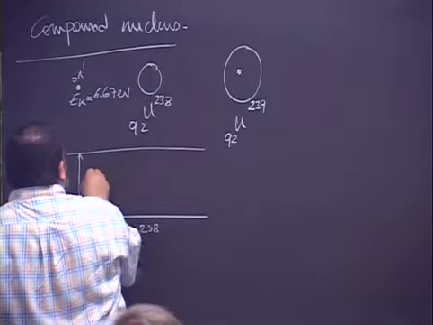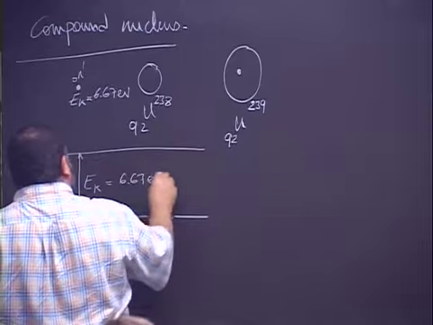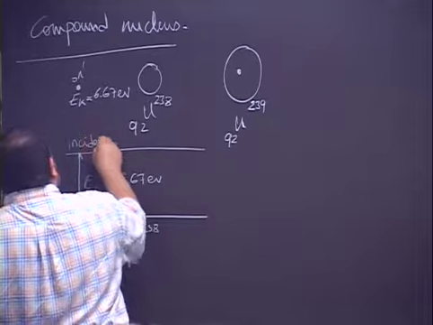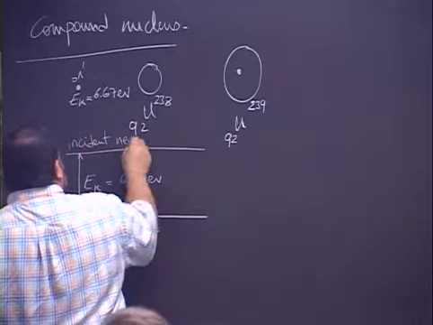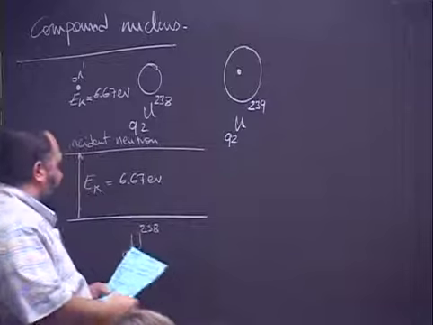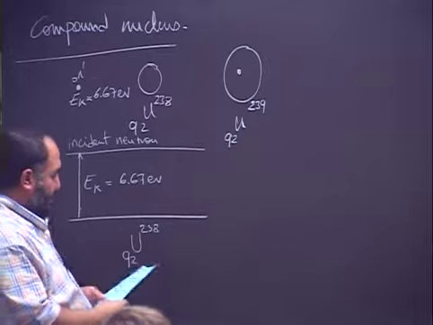So this is E kinetic equal to 6.67 electron volt, and this is the incident neutron. So the energy of the incident neutron above the ground level of the uranium-238 is this amount of energy.